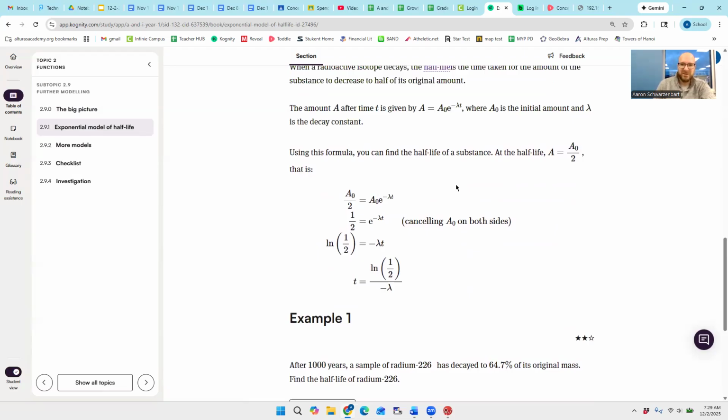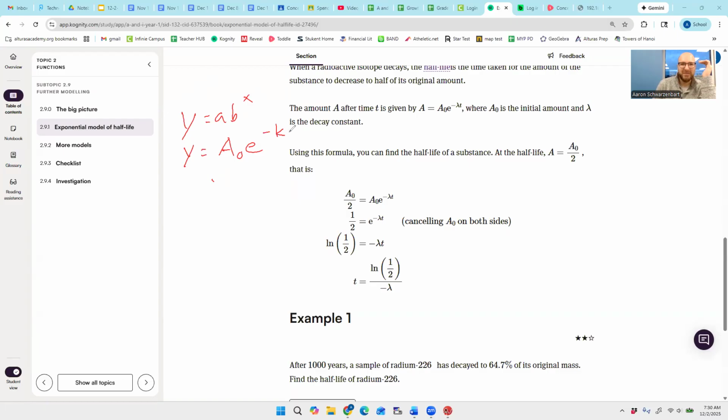And we can develop a formula. So if my basic exponential model is y equals a b to the x, or you'll see it in this book as y equals a0 e to the, well, they're using lambda.